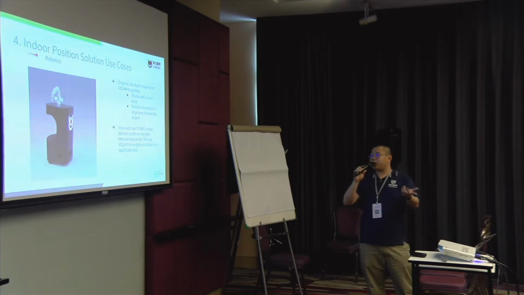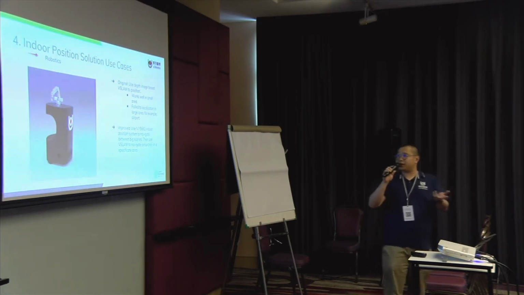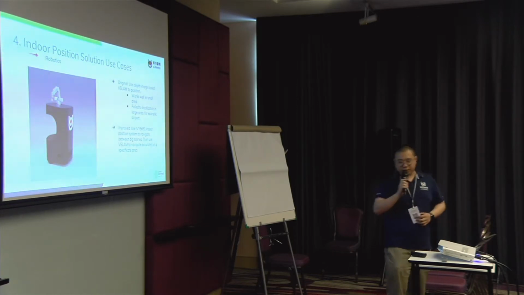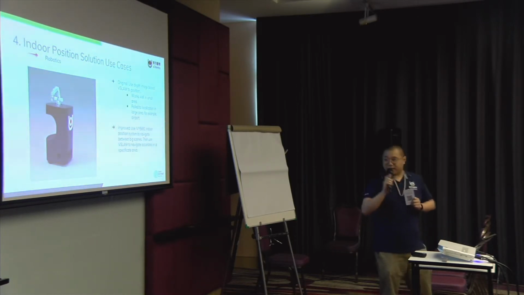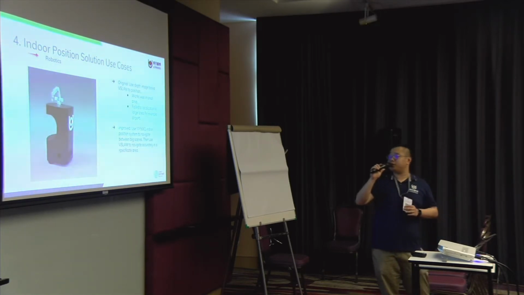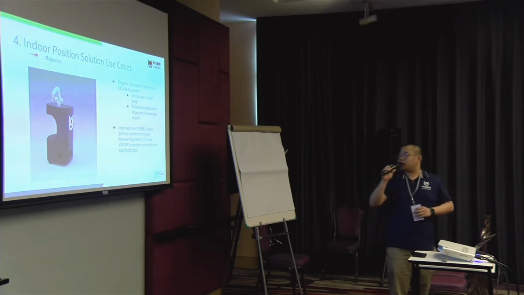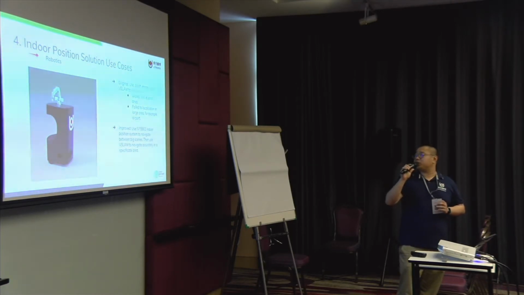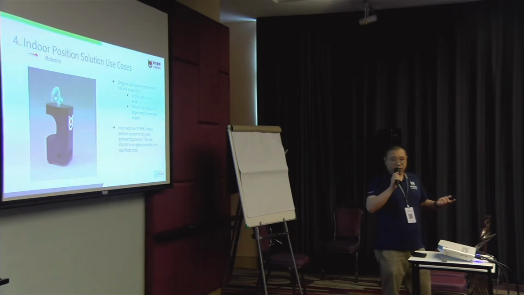Another way we can use the indoor position solution is robotics. Actually, uCRobotics have a robotics solution, but we use depth image based VSLAM to position. It works well in a small area, but it failed to localize in a large area. For example, the airport.